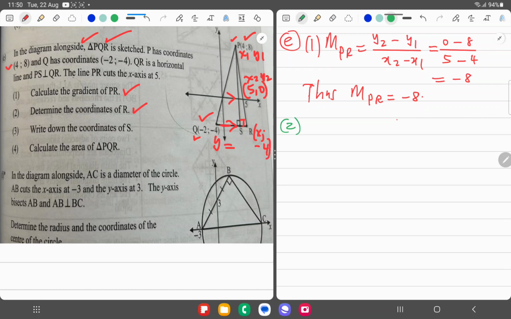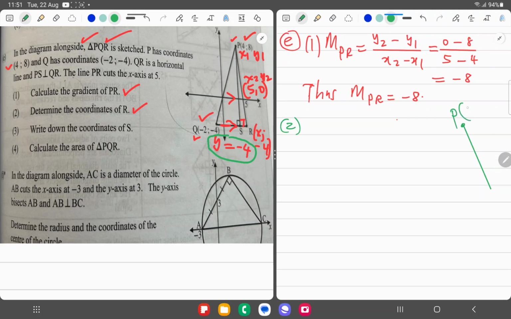Right, so if the coordinates of R are (x, -4), what do we then know? It means the equation of this line is exactly y equals -4, so the coordinates of R are (x, -4), because y is -4. So how do we find the coordinates of R?